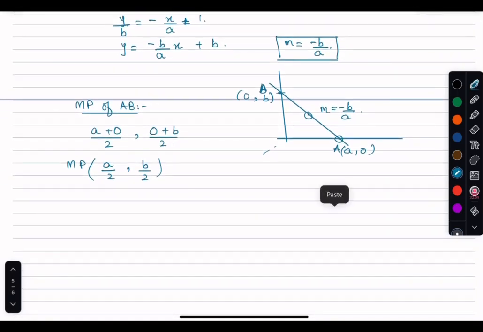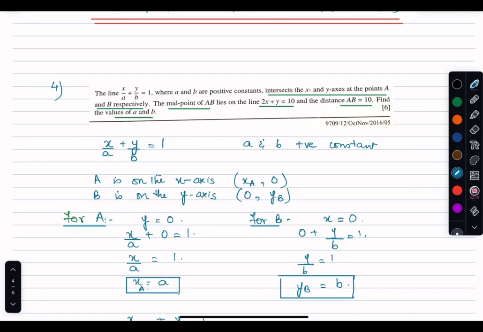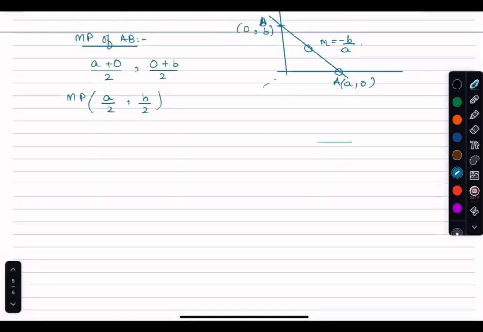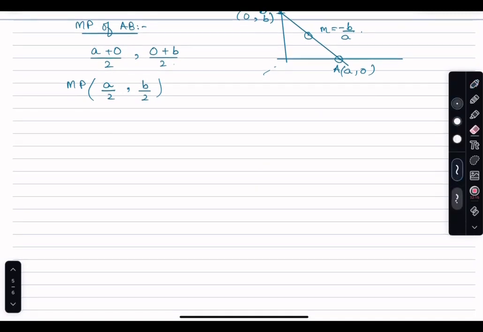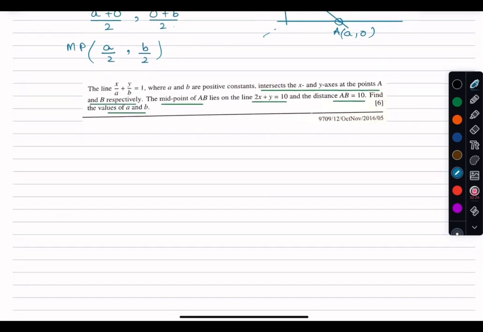So this midpoint, which we just found as a by 2 and b by 2, is passing through the line which is 2x plus y equals 10.